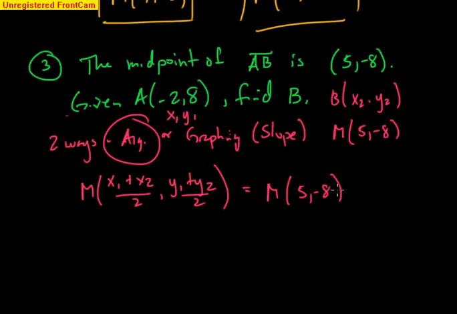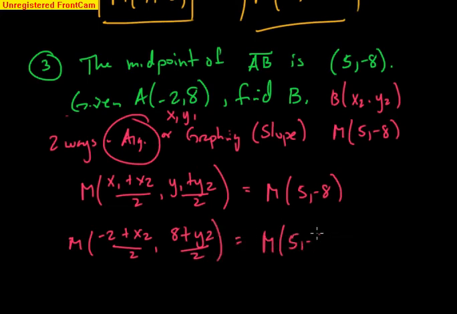So let's fill in what we know, and let's try to set up some equations, right? That's algebra. So we know x1 is negative 2. So for this midpoint formula, negative 2 plus x2 over 2. We don't know what x2 is, so we leave it as x2. y1 is 8. 8 plus y2 over 2. This is going to be our midpoint, 5, negative 8.